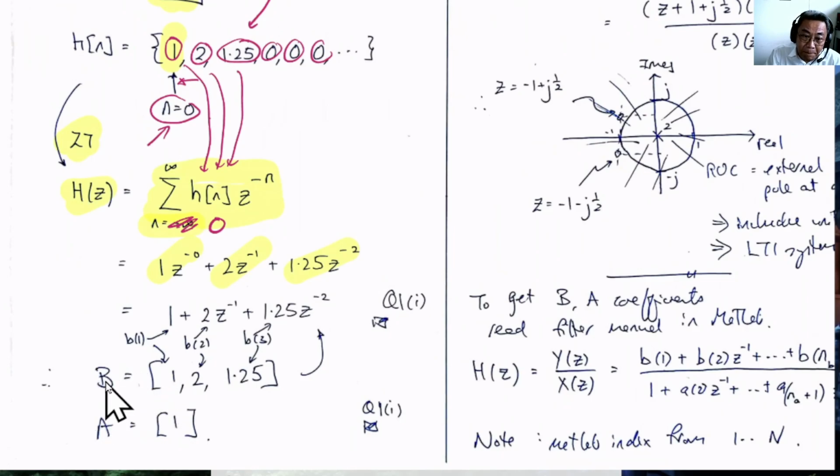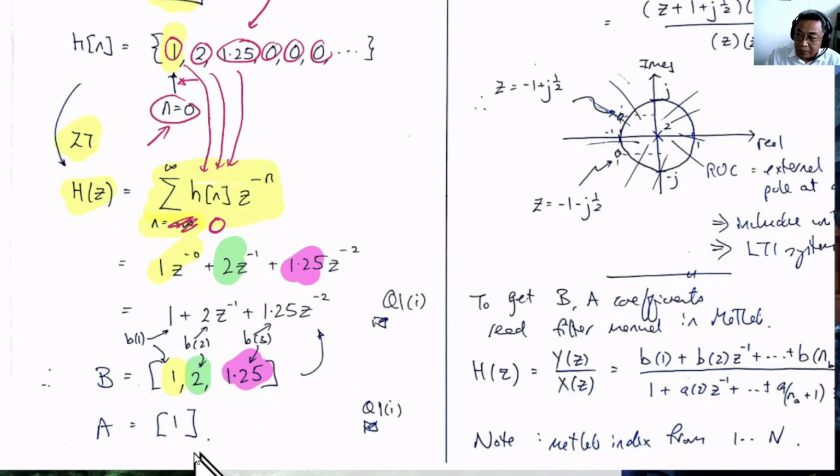In MATLAB, B represents the numerator of the filter's rational function, in descending order of negative powers. So the first value goes here, the number 2 goes here, and the third value goes here.